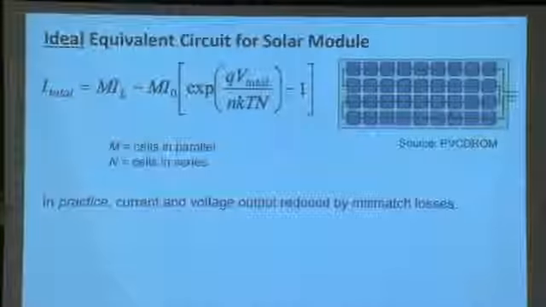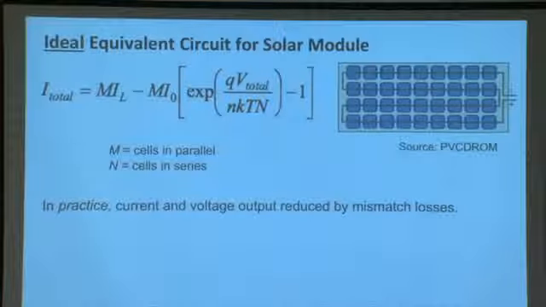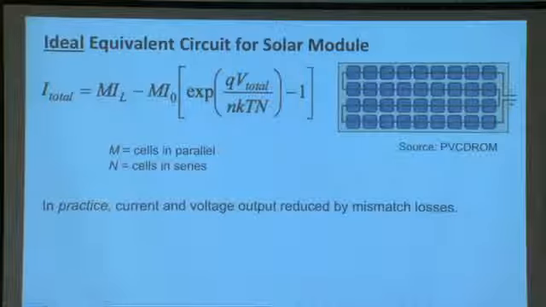So the total current output, this is the ideal diode equation without all the fancy two-diode model, recombination in the space charge region, recombination in the bulk, without the series resistance and shunt resistance, just a very simple explanation of the ideal diode model. Our M is the number of cells in parallel and our N is the number of cells in series.